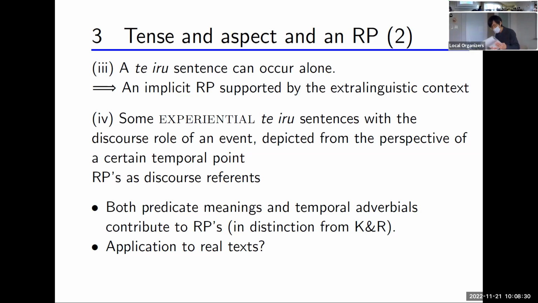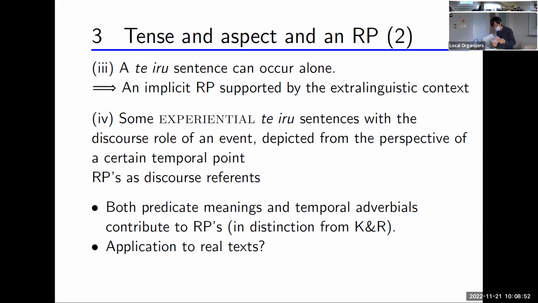And lastly, some of tail sentences with experiential usage perform the role of an event in the discourse, but depicted from the perspective of a certain point of view, okay, as we will discuss later. This kind of sentence can be accounted for only with a concept of reference point.